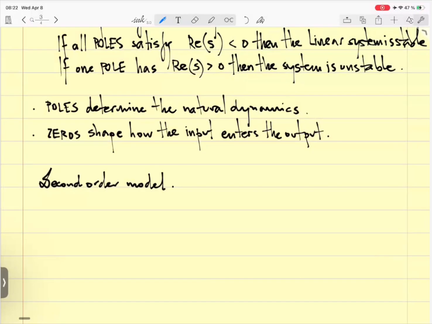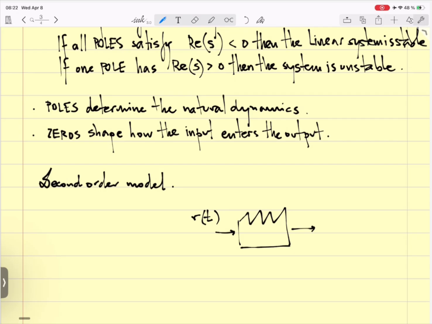Okay, so now imagine we have a system that is not first order but second order, so it gets again an input. I'm going to put it in the time domain first. It's more intuitive.